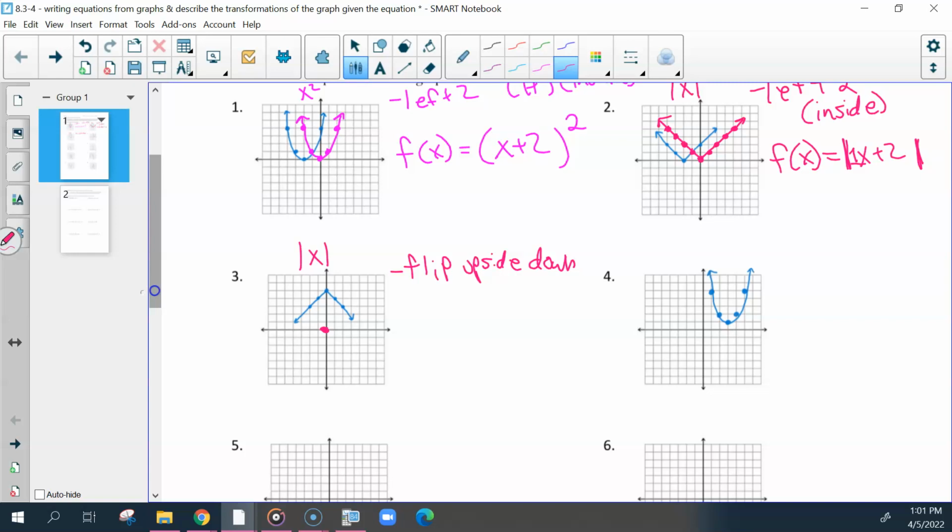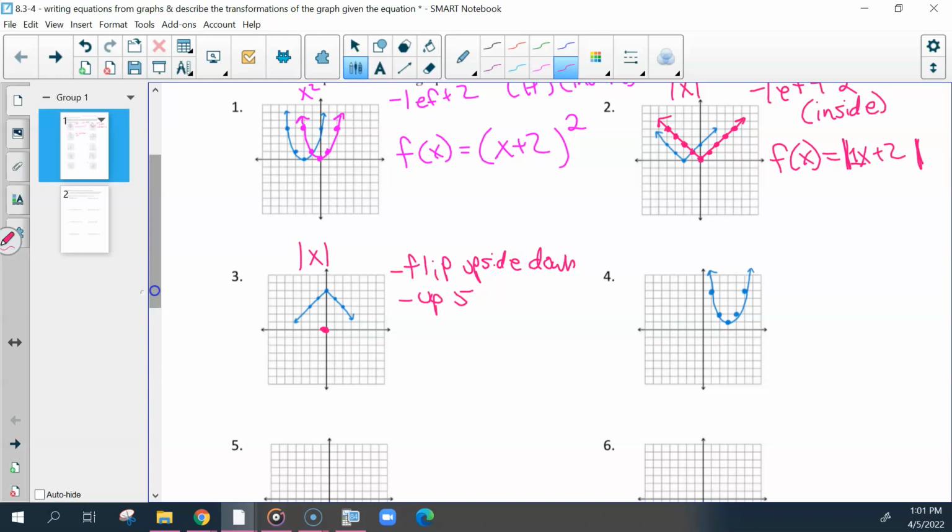It moved up 5. I'm just going to put the 5. Okay, so it did both of those things. Flipping upside down, would that be a vertical or horizontal transformation? Vertical.